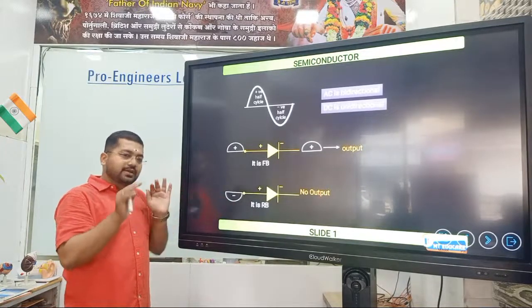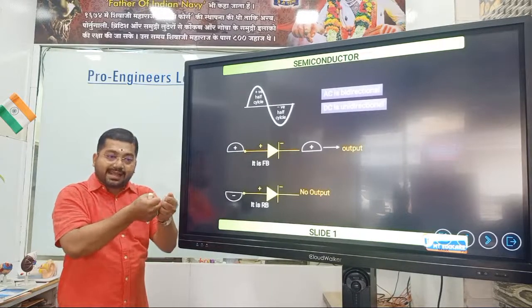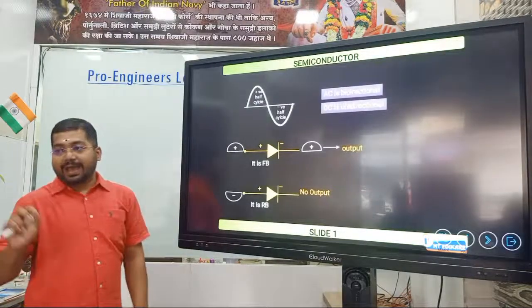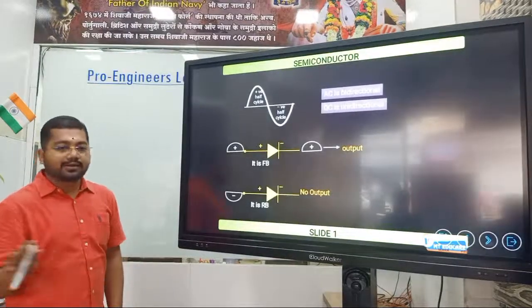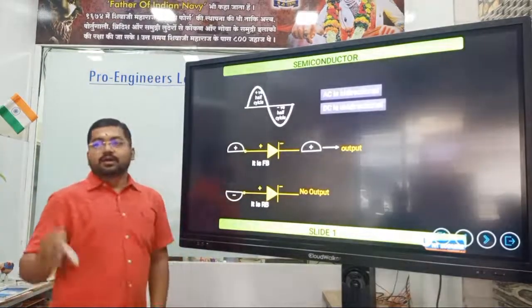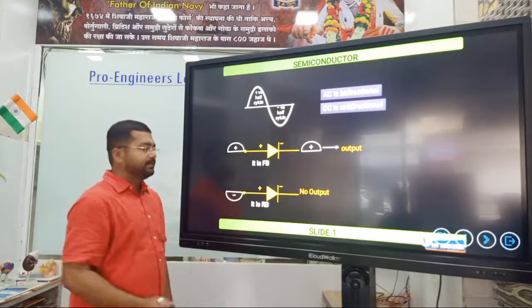Because of which they will attract the charges on their own side, but they will not break the potential barrier, and therefore conduction will not take place in reverse bias, and it does not conduct for the negative half cycle.